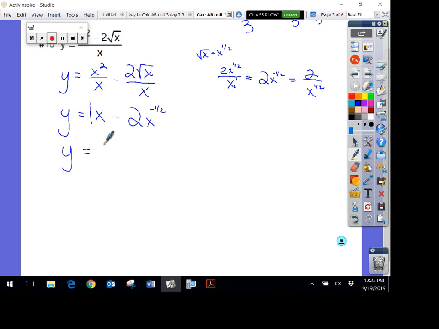This is 1x to the first. So 1 times 1 is 1. X to the 1 minus 1 is 0. X to the 0 is 1. It's not 1x. Anything to the 0 power is 1. If you need to write this, write it. If not, you can go straight to 1.